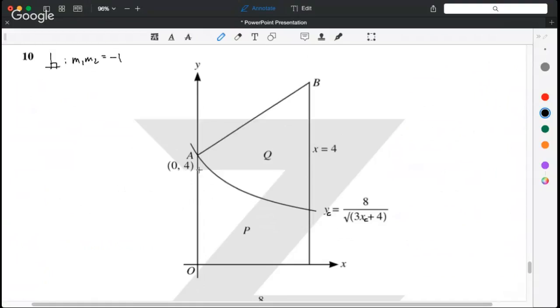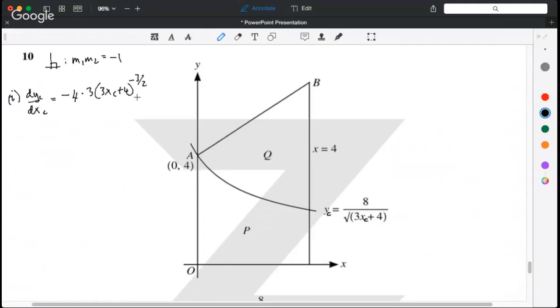So what is the gradient of the curve at this instantaneous point? Well, for this, we use differentiation, of course, and we get that dy_C/dx_C is minus 4 times 3 is 3x_C plus 4 to the power of minus 3/2.